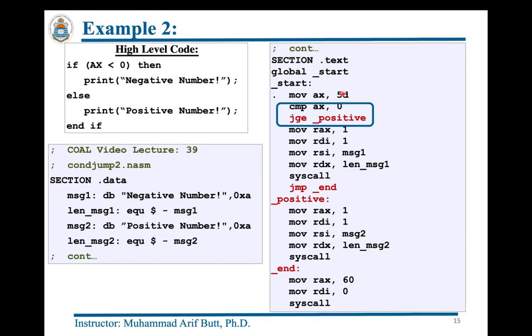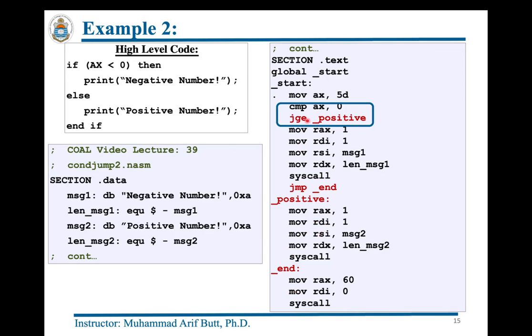We place a value 5 decimal inside the AX register, perform a compare of the contents of AX register with 0. If the contents of AX is greater than or equal to 0, meaning AX contains a positive number, we jump to label positive, and here is the positive label.